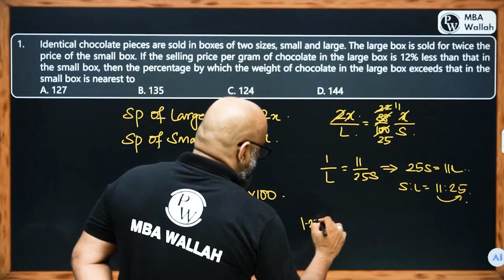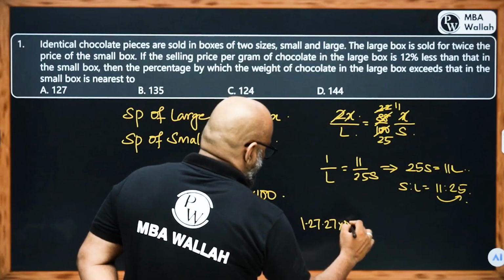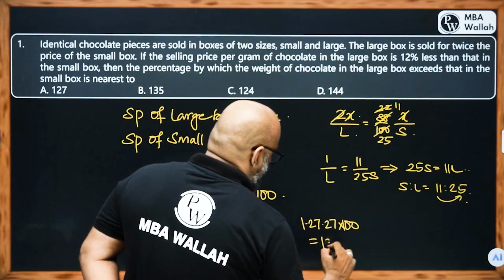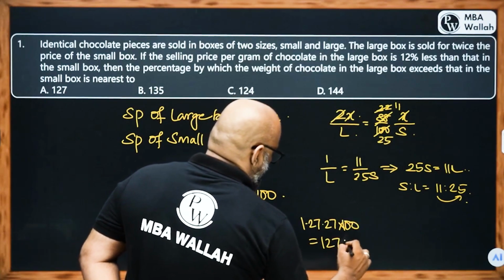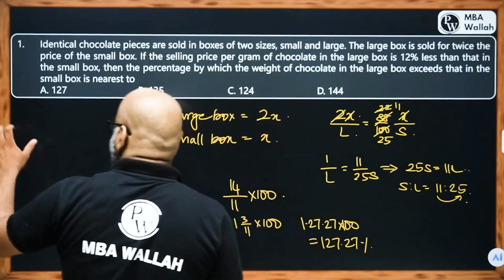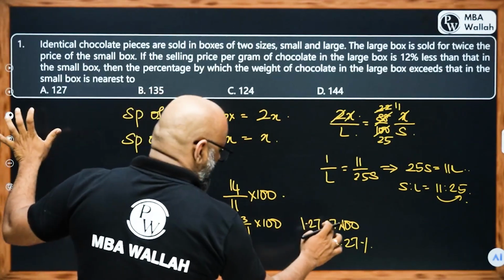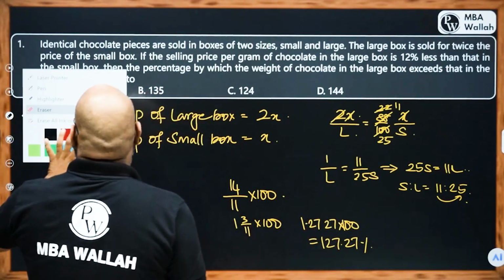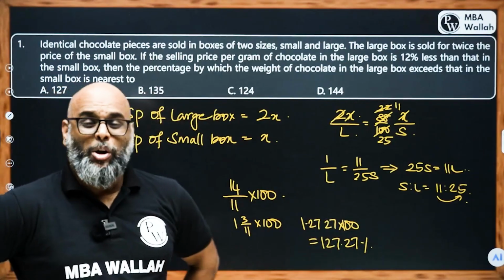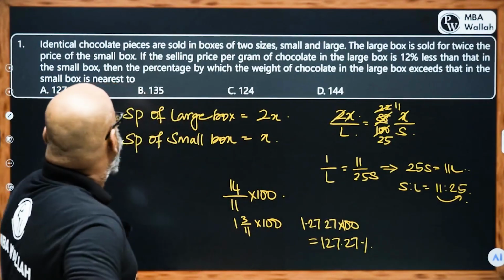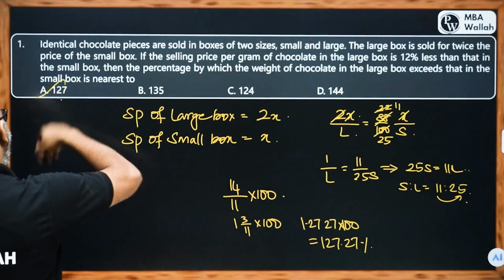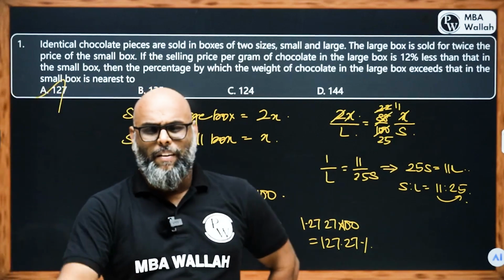So 1.2727 into 100 will be 127.27 percentage. Look at my options. Do I have that? Option A is there. That's our answer.